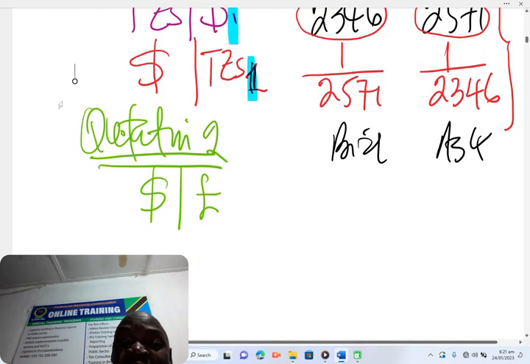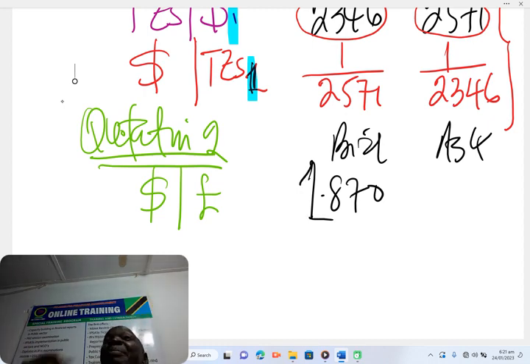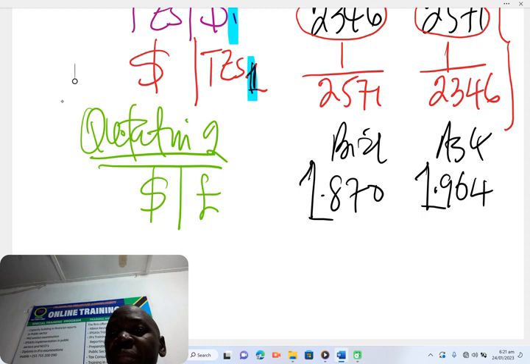So if it is 1.870, this is a bid price. Remember, the ask price must be greater than the bid price, because the bank will always make profit during trading. So this is 1.964. So this is 4 decimal places.